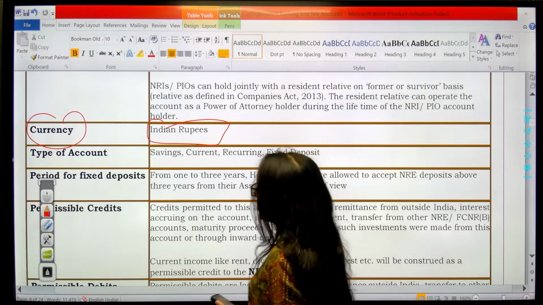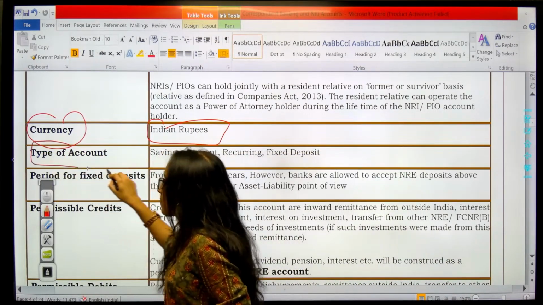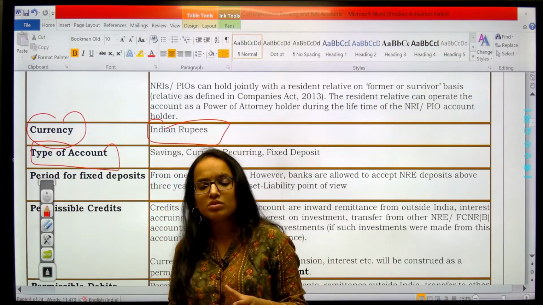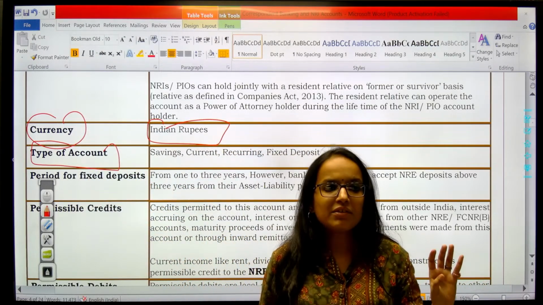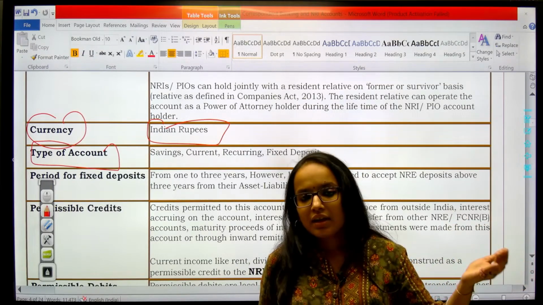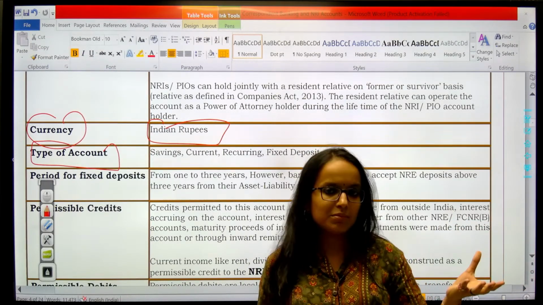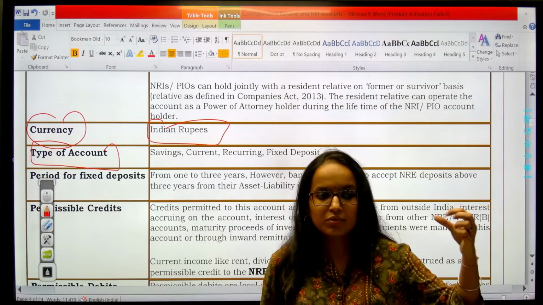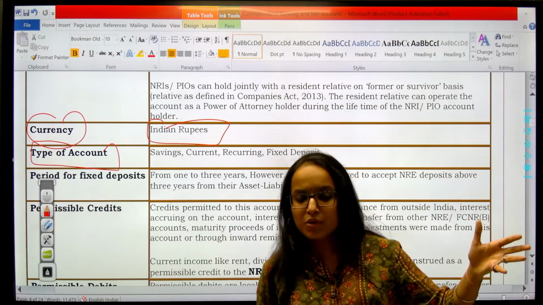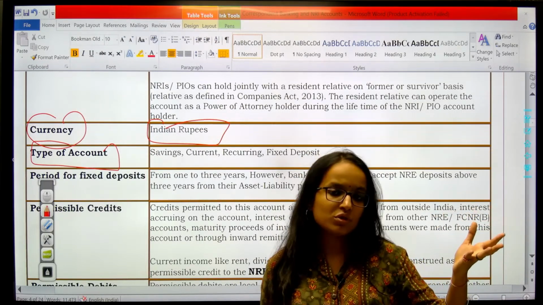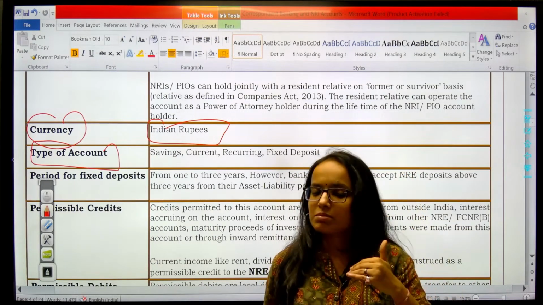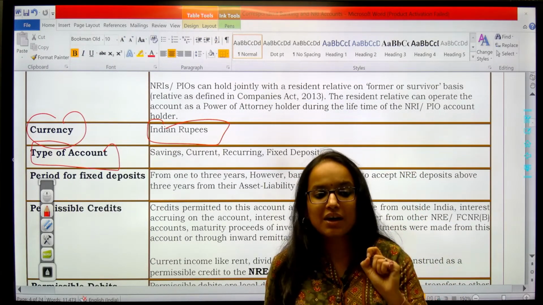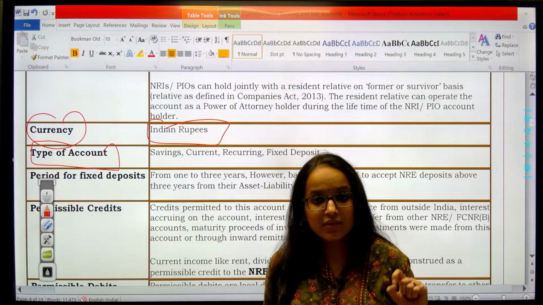Then the next criteria is type of account. When we say NRE account, we understand that this is for NRIs and PIOs, but usually we have certain types of accounts, like when we open accounts with a commercial bank: a savings account, a current account, a fixed deposit, or with post offices recurring deposits, RDs. Are these types available in NRE account as well? Yes.